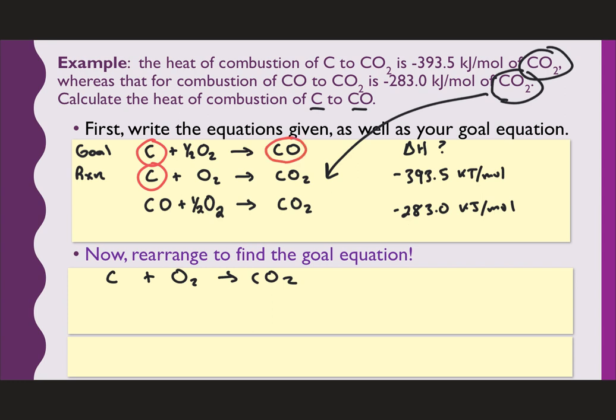They're in 2 different places. Let's change color. I noticed that in the goal reaction, the COs are on different sides, so I will have to reverse this reaction. So I'm going to flip it. CO2 yields carbon monoxide and 1/2 O2.